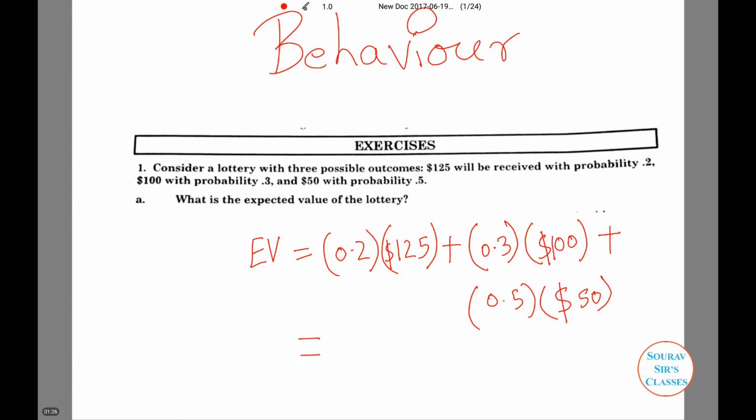After calculation, we find that it's $80. Hence, we see that the expected value is nothing but the probability multiplied with the expected outcomes. And the total expected value of this lottery is $80.